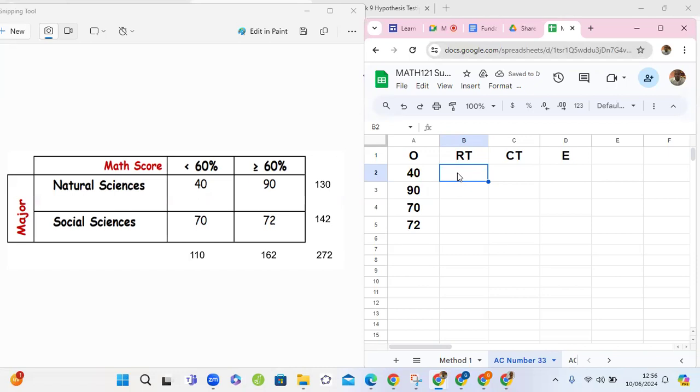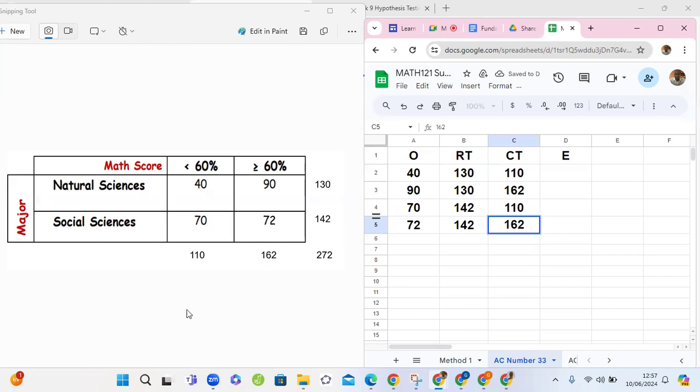The row total for 40 is 130, and its column total is 110. The row total for 90 is 130, and its column total is 162. The row total for 70 is 142, and the column total is 110. And the row total for 72 is 142, and its column total is 162.